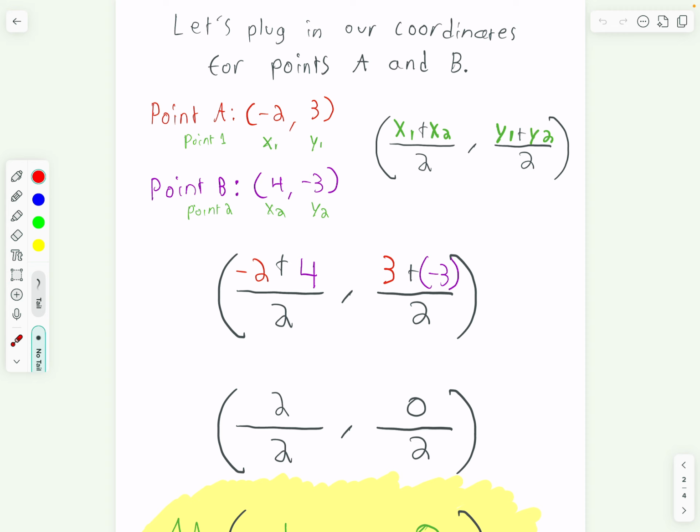Right? So we can just look at x1 here and x2 here, and we can put it into where it goes very easily. So I just plugged in x1, -2 into the spot. Same thing for the 4, x2, I put it in the x2 spot. And then the same thing for y1 and y2. You really just have to plug into the formula.